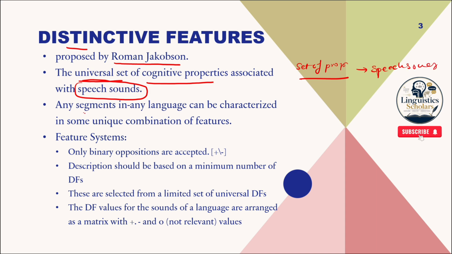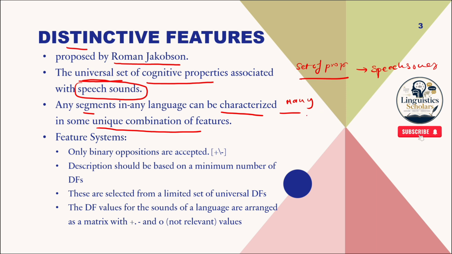Any segment in any language can be characterized by a unique combination of features, because there are many possible sounds that we can produce with our organs. But it is not mandatory that every sound should be present in every language. As a result, only a few exist in some languages, and all the words and sentences are made out of the existing sounds of that particular language.